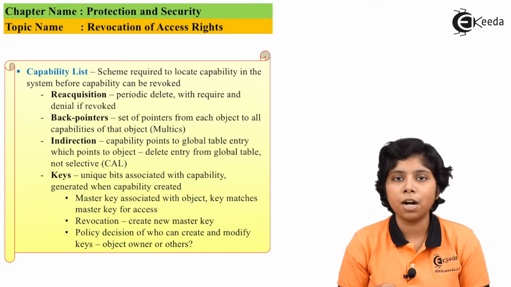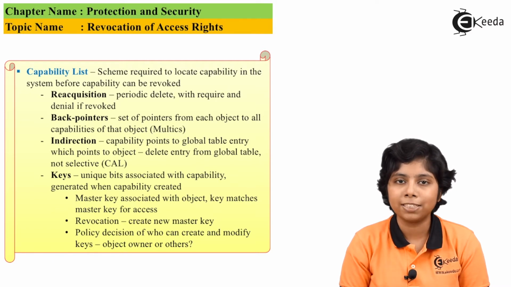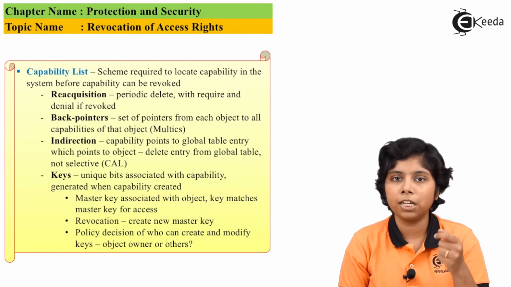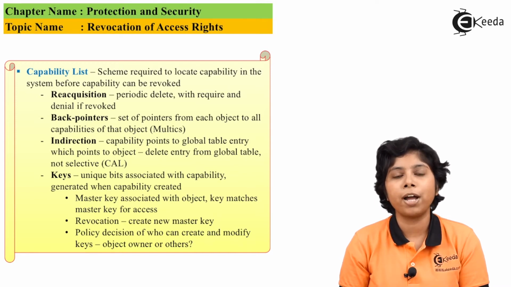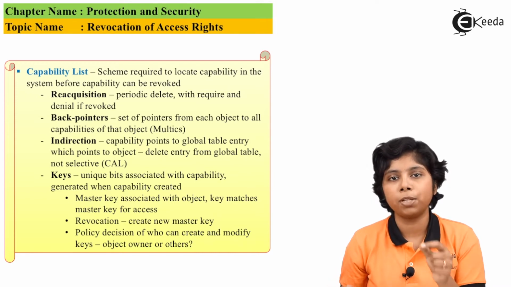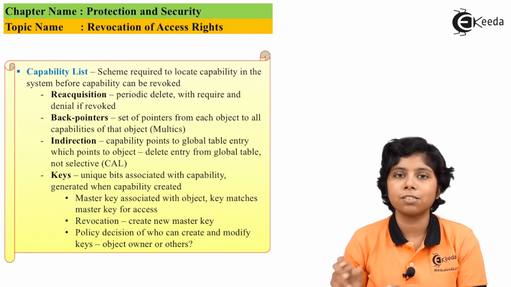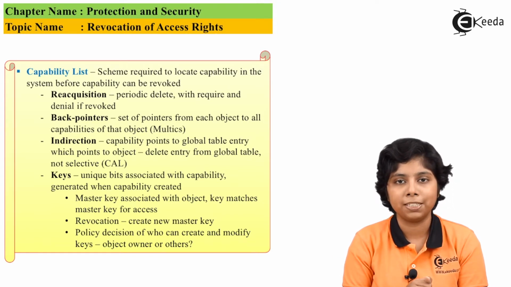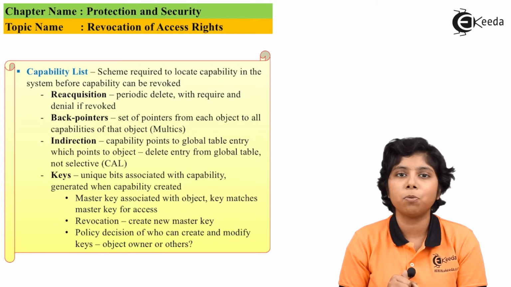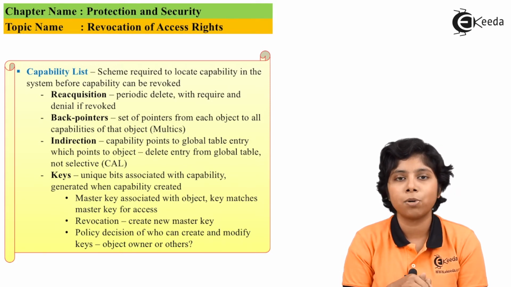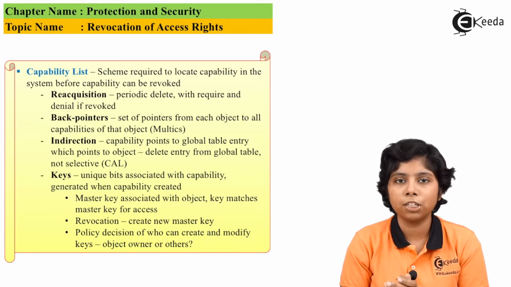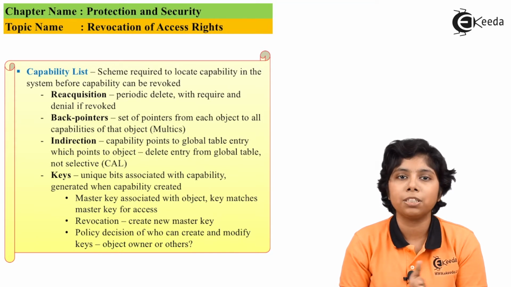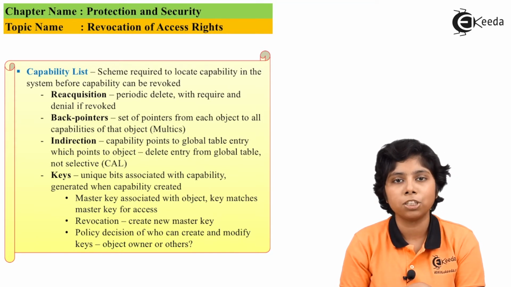After finding each entry, it will find the particular object being pointed to, and the access rights will be revoked on that basis. Here also the selective approach is not supported, but temporary revocation is there, and along with it, as with back pointers, permanent revocation is present.